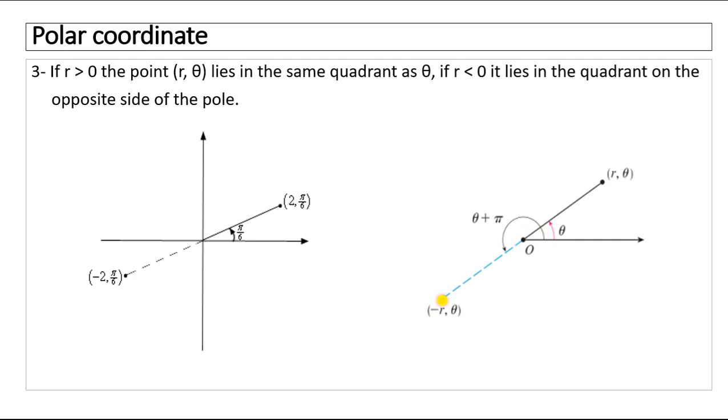For example, theta equals pi over 6. If r is positive, then the point (r, theta) lies in the same quadrant, on the same line as theta. But if r is negative, then the point P lies in the opposite quadrant from theta.